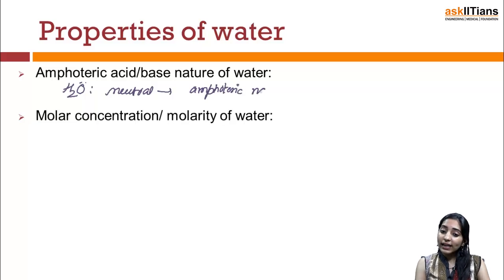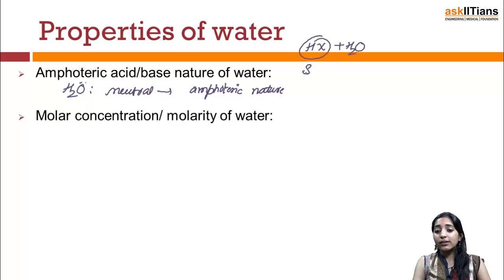Amphoteric nature of water means that it can act both as an acid as well as a base. So if you dissolve anything, let me say HX, in water, if this is a stronger acid as compared to water, then HX will start acting as an acid and the water will start acting as a base.